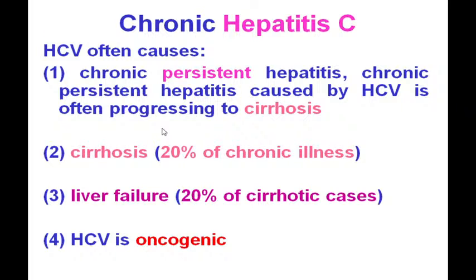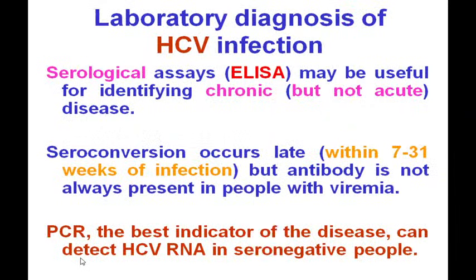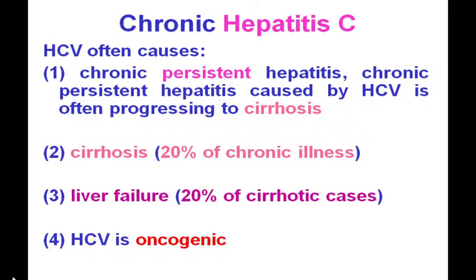Hepatitis C develops into persistent hepatitis that may lead to cirrhosis after 9 to 30 years. Cirrhosis happens in 20% of chronic cases, and then we have liver failure in 20% of those who have cirrhosis. And then hepatitis C is considered to be oncogenic.